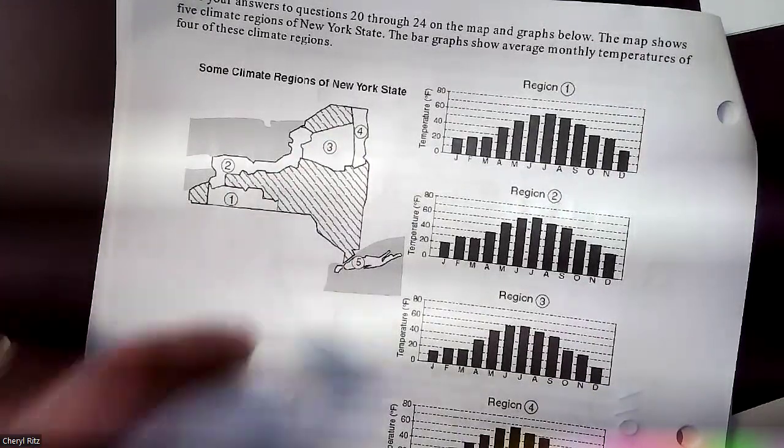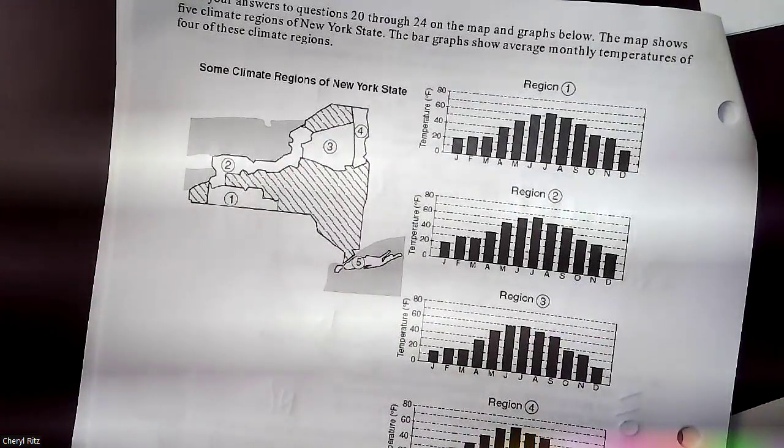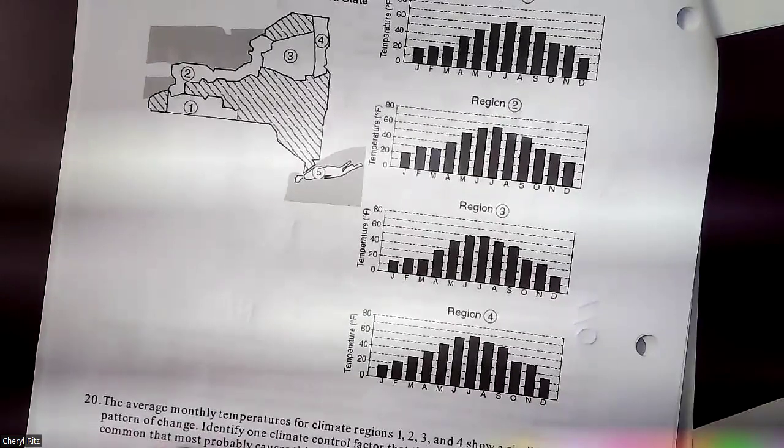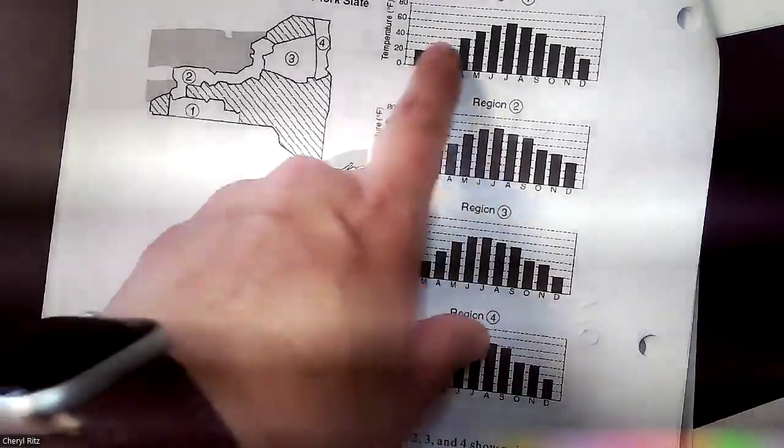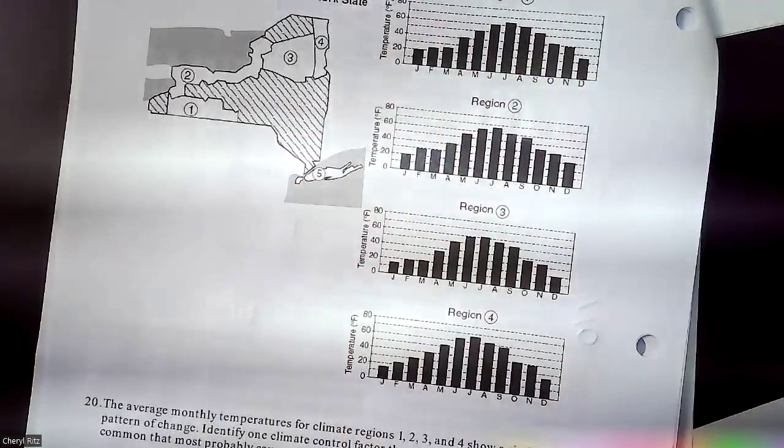Well, number 5, that's surrounded by water. So let's talk about 1 through 4. They all kind of look the same. They all are cold in the winter, warm in the summer. Why does that look similar? What is the same about these 4 areas that will make our graphs look the same?